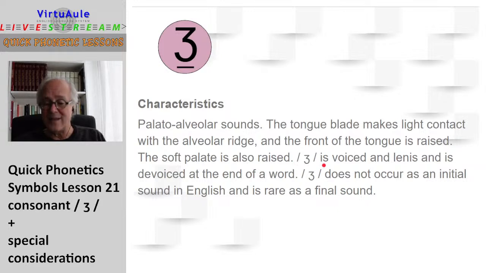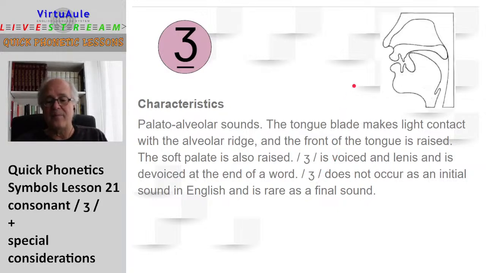It is voiced and lenis, and is devoiced at the end of the word. It does not occur as an initial sound in English, and is rare as a final sound. Okay. I did give you one word where it does occur. It's not an English word, but we use it in English, genre, and it is rare as a final sound.